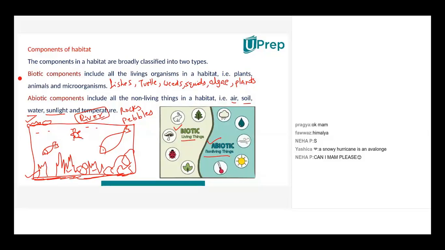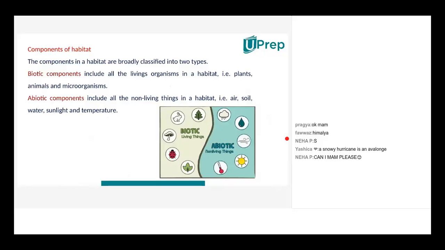So now that we have divided the habitat into biotic and abiotic components, even in your house, most of it would be non-living, but there would be a few living things also. Like you can have a pet, you would have some plants in your balcony, right? So there would be certain ants, mosquitoes, cockroaches. These are all biotic. I have found yeast in my kitchen. Is that a living organism?